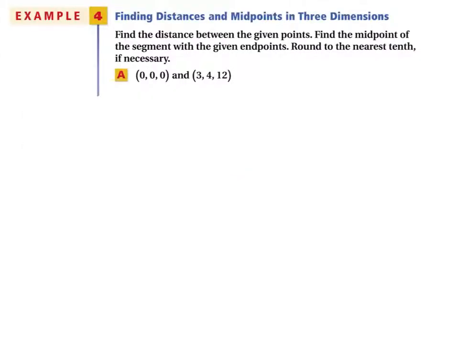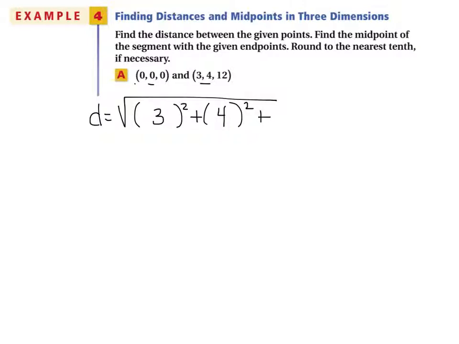So example number 4. Find the distance between the given points and find the midpoint of the segment with the given endpoints. Round to the nearest tenth. So let's first find the distance. The distance would be subtracting your x values. So 3 minus 0 gives me 3 squared. Plus 4 minus 0, subtract your y values, 4 squared.